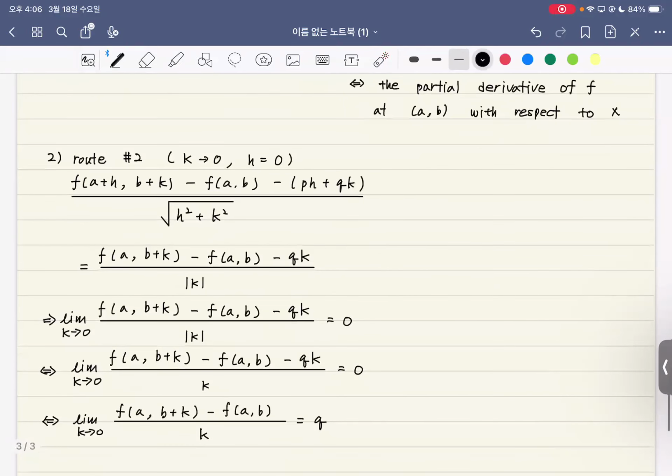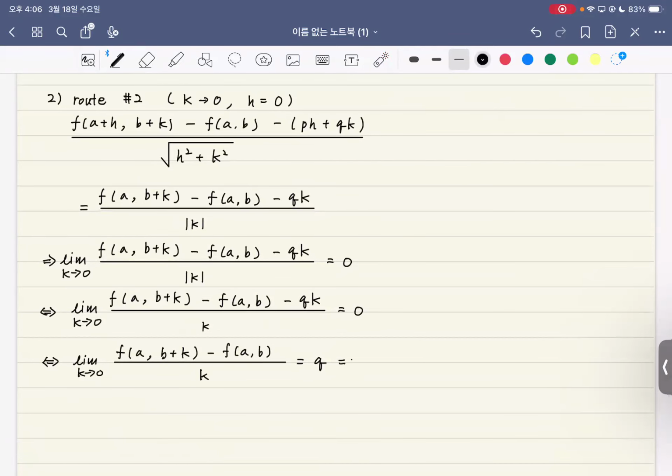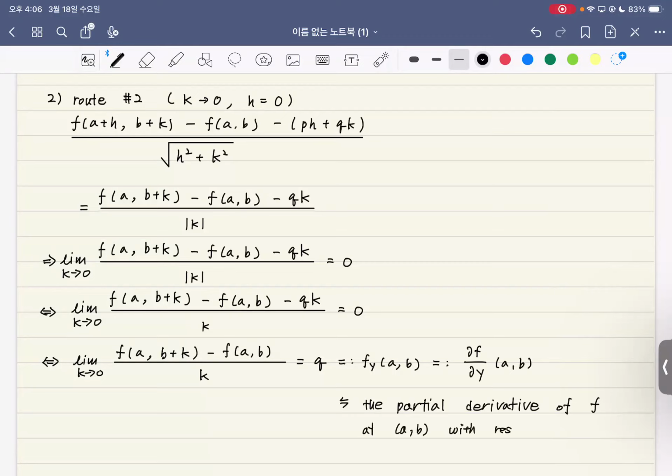This number is denoted like this, partial f over partial y at (a, b), and this is called the partial derivative of f at the point (a, b) with respect to the y value.